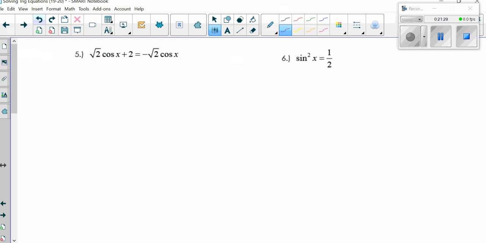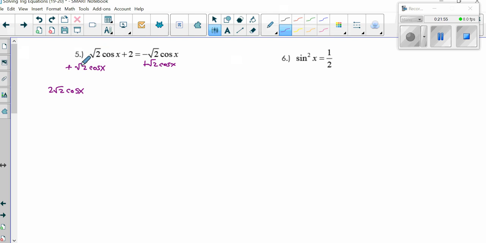So what I'm going to do is move this one over. So I'm going to add root 2 cosine x. I'm not dividing, I'm pulling that whole term over, which is why I'm adding it. So I'm going to add root 2 cosine x. So when I add these, I have one of these plus another one, which means I have 2 root 2 cosine x.